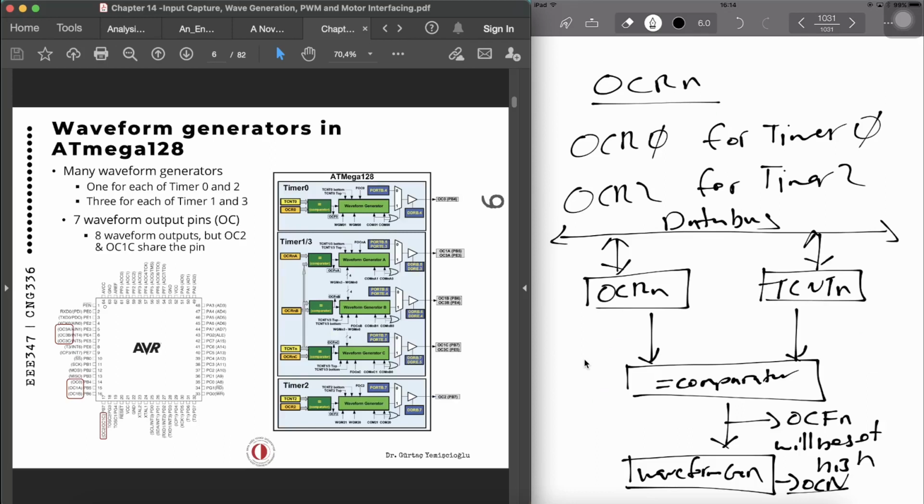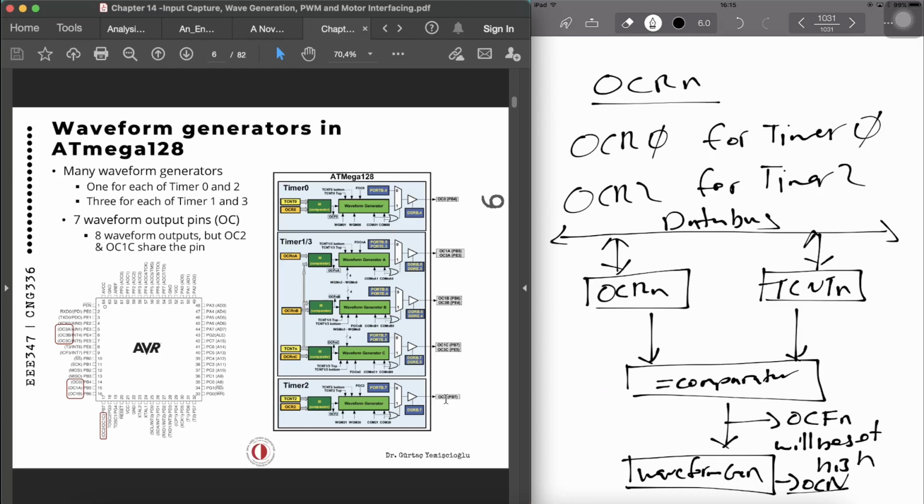So 7 waveform output pins, OC, on which we are going to generate the waves: OC0, 1A, 3A, 1B, 3B, 1C, 3C, and OC2. So in total, we have got 7 waveform output pins and 8 waveform outputs.